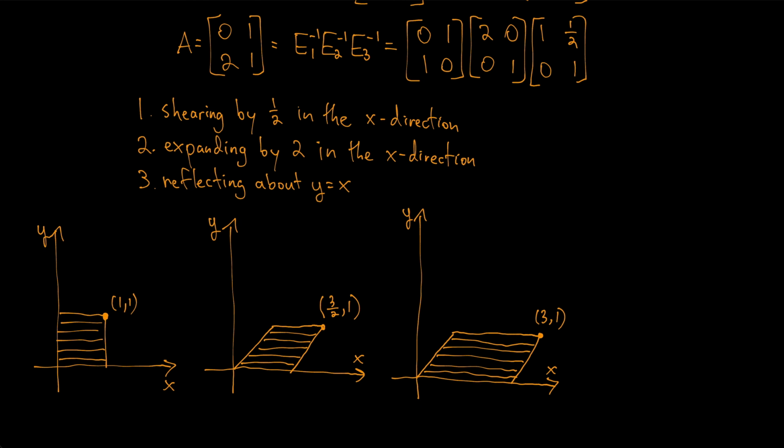And then I have to reflect this about y equals x. So I might as well just draw that. Here's y equals x, and I'll flip it over that. Let's draw y equals x again. Okay, so flipping, I'll draw it up here.